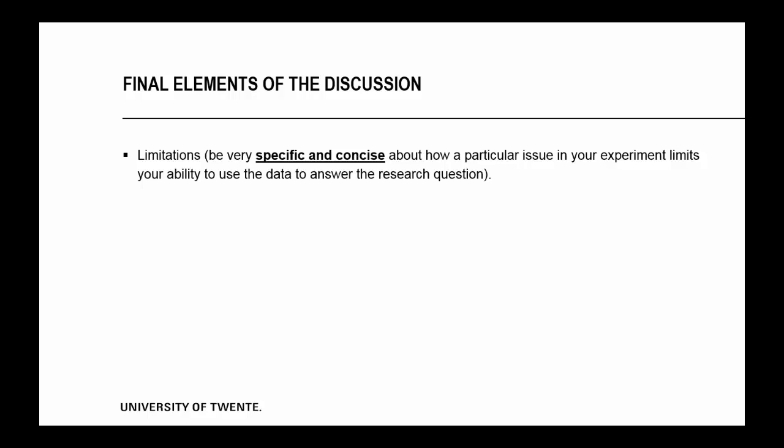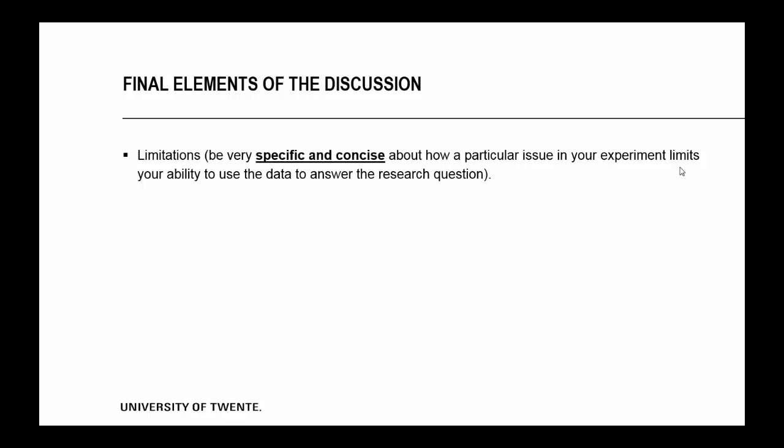The final elements you should include in your discussion are a short description of possible limitations. You need to be very specific and concise about these limitations and how some problem in your experimental design or in the way the experiment was run might have caused problems that somehow limit your ability to use the data to answer your research question.